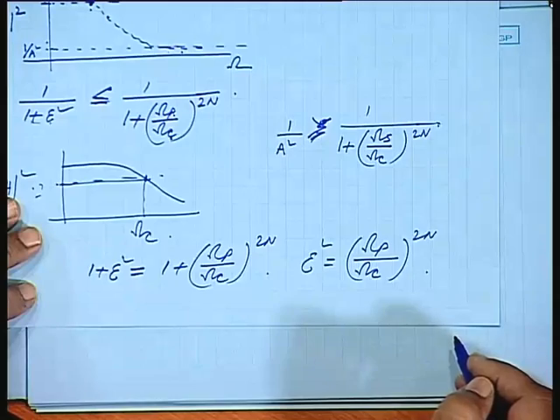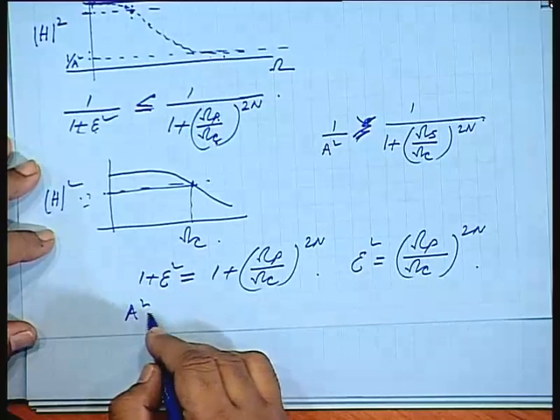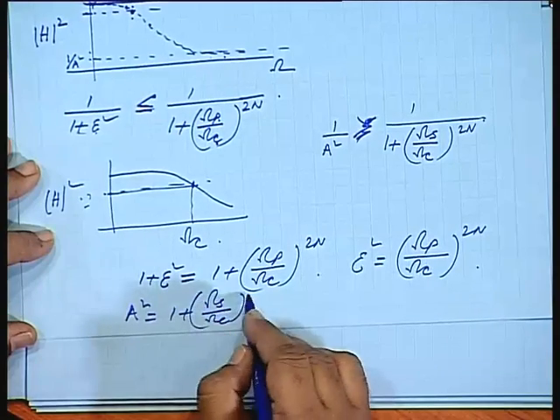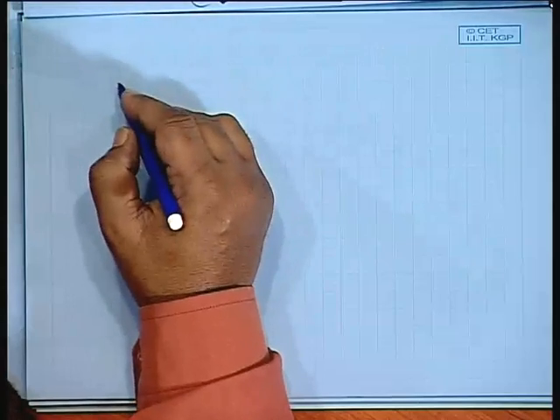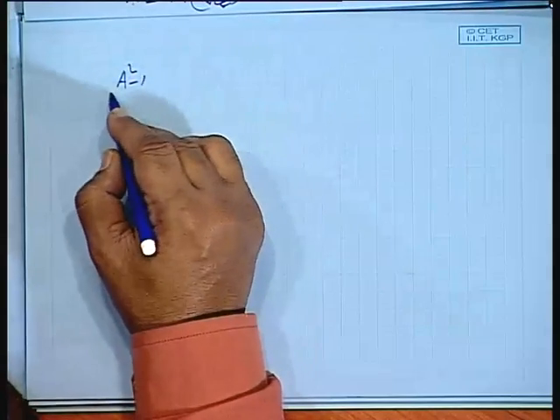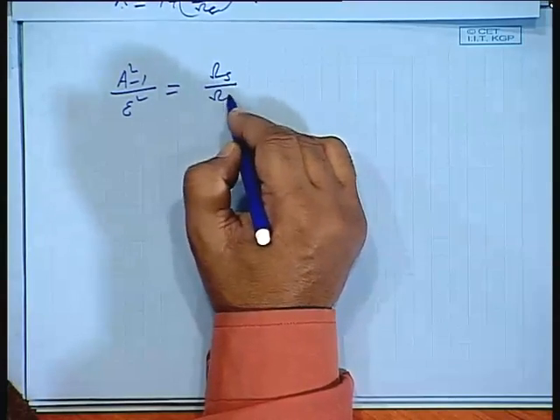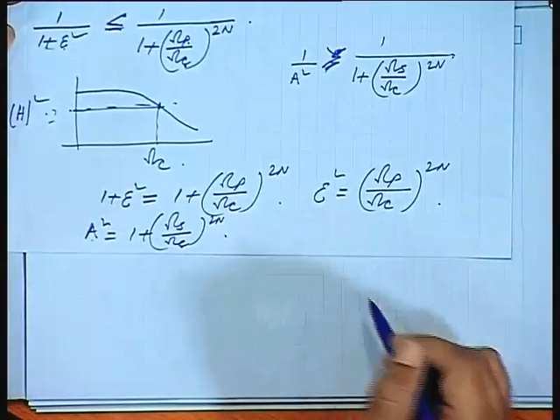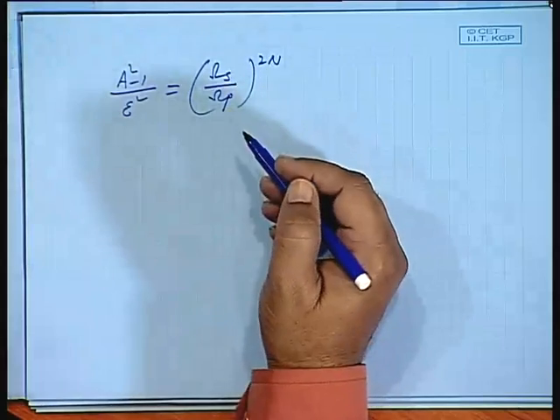And from here A squared is equal to 1 plus omega s by omega c to the power 2n. So you can eliminate omega c from here. What I get is A squared minus 1 by epsilon squared is equal to omega s by omega p to the power 2n. Omega c to the power 2n is common, so that will get cancelled.